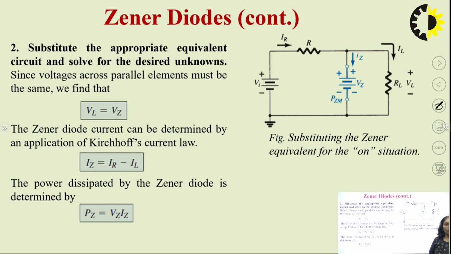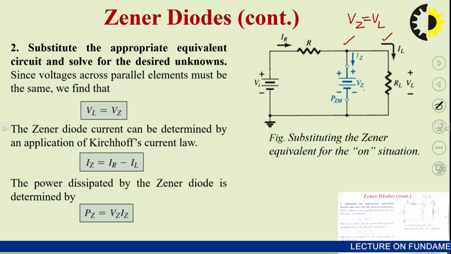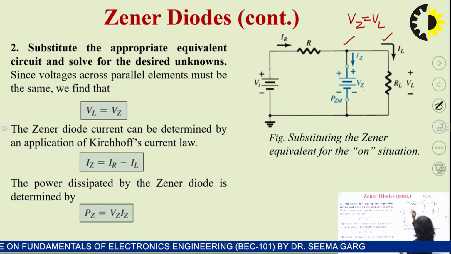Because the voltage across parallel elements must be the same, we can say that VL must be equal to Vz, because these two are in parallel, and we know that in parallel the voltage remains the same. The Zener current can be calculated using the equation.